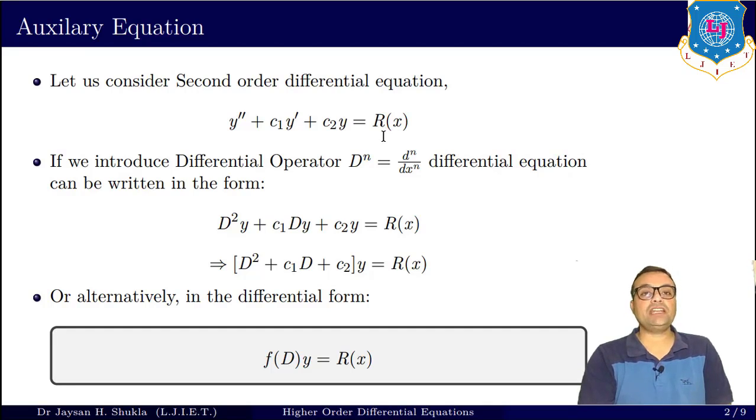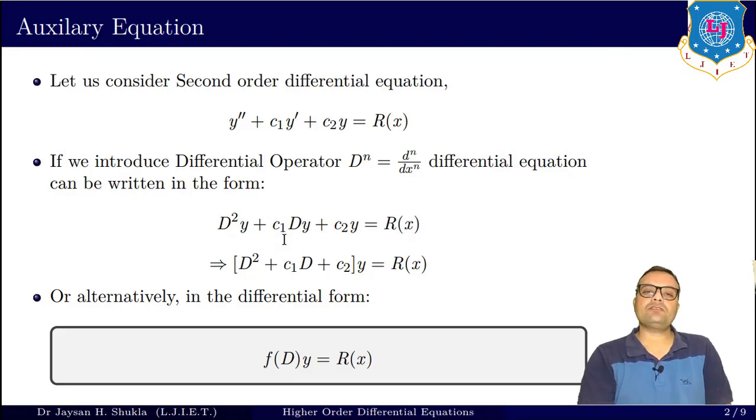Now, after defining the differential operator capital D as d by dx and D raised to n as d raised to n upon dx raised to n, we can convert any higher order differential equation into its equivalent differential operator form, that is D square y plus c1 Dy plus c2 y equal to r of x.